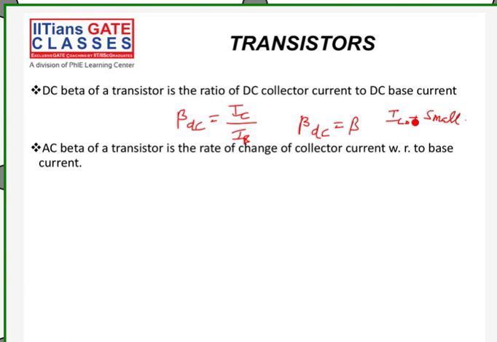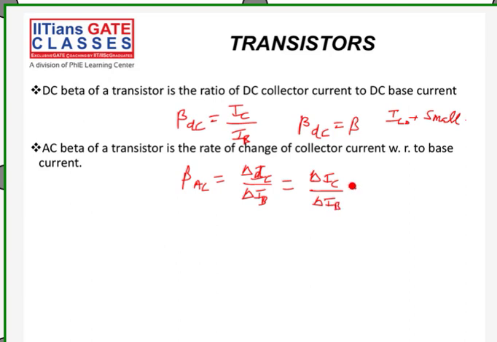Second thing, the AC beta of a transistor. Sorry, it is not a ratio, it is the rate of change of collector current with respect to the base current. Means beta AC is equal to the change in collector current, delta IC, divided by delta IB.